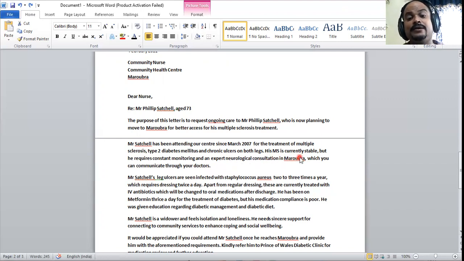His MS is currently stable, but he requires constant monitoring and an expert neurological consultation in Marobra.